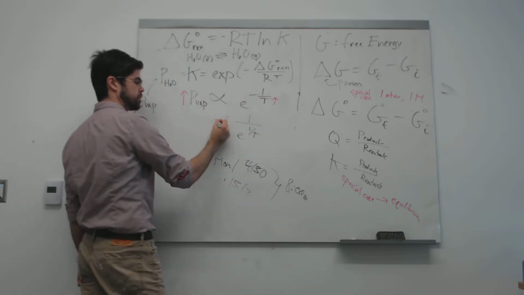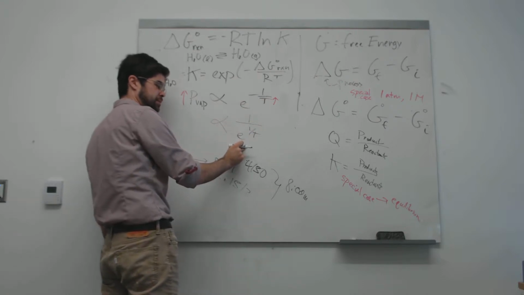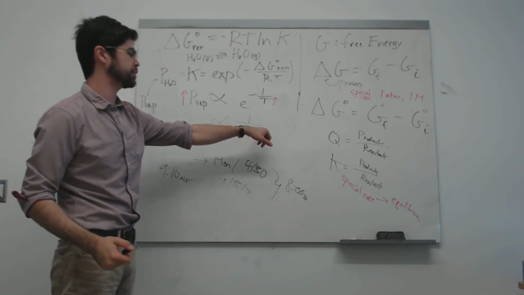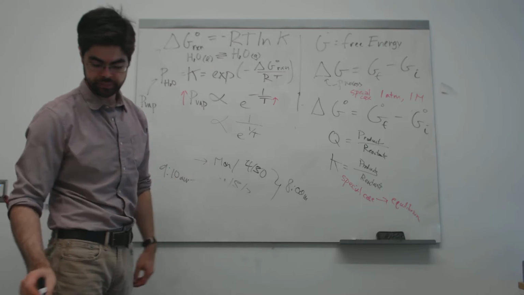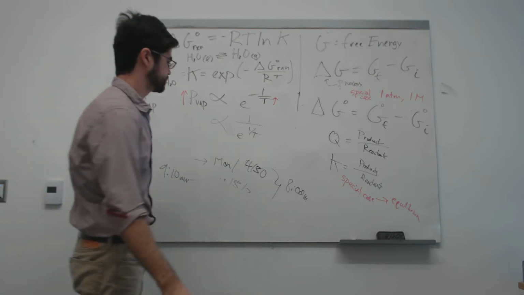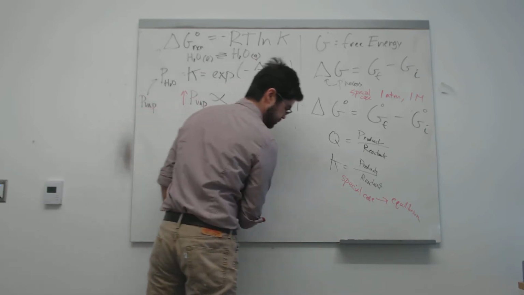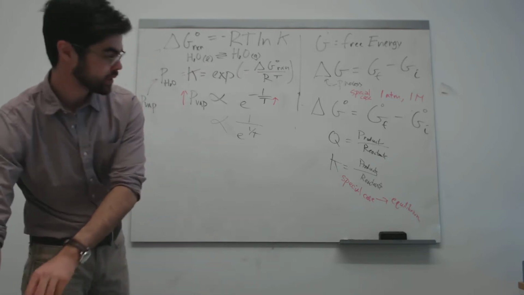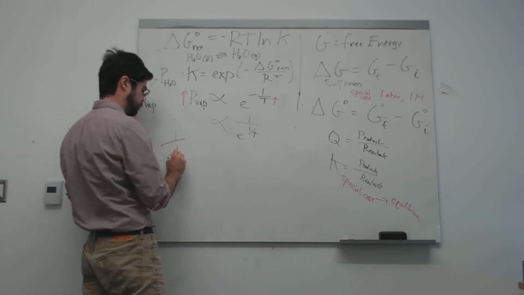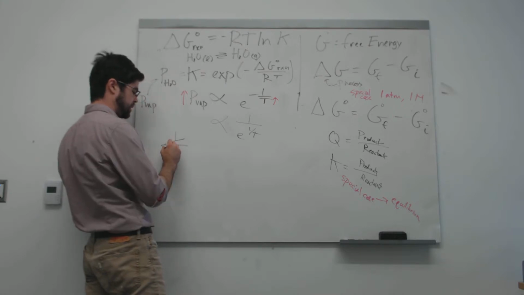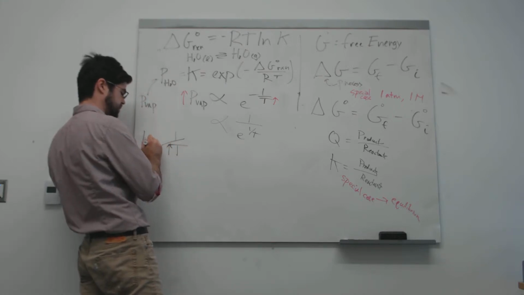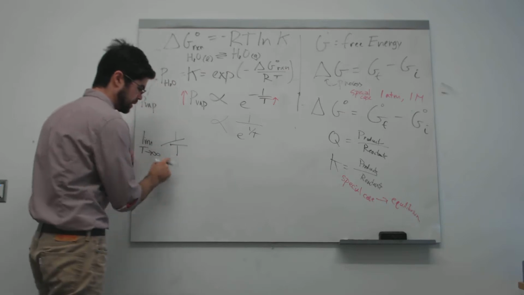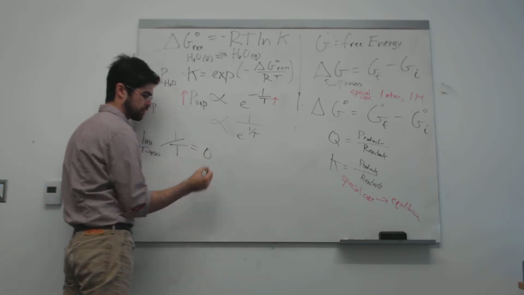So this expression is the same as 1 over e to the 1 over t. Here's a question. If I make t very, very large, then as t becomes large, in the limit that t goes to infinity, 1 over t goes to 0.